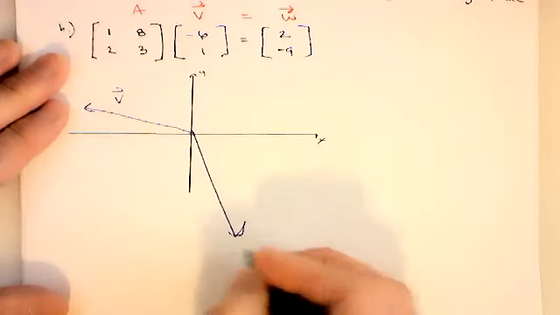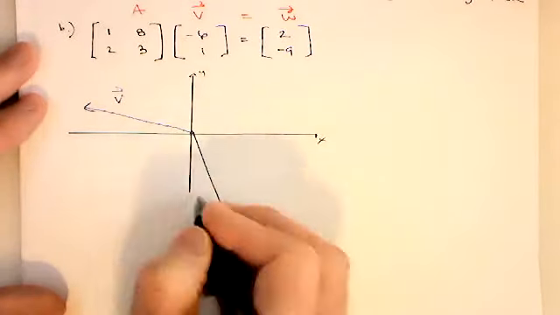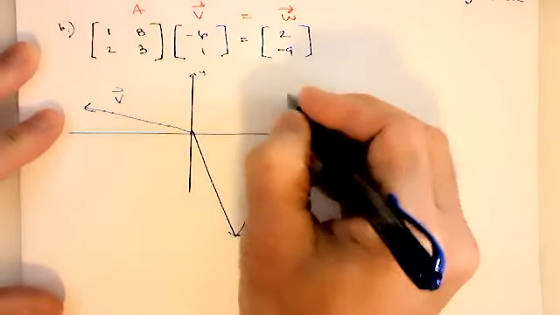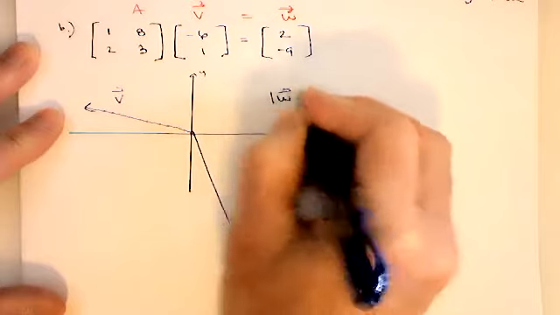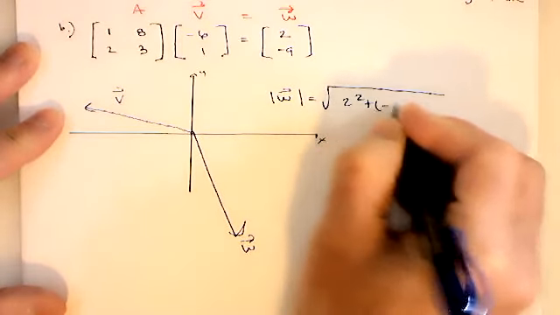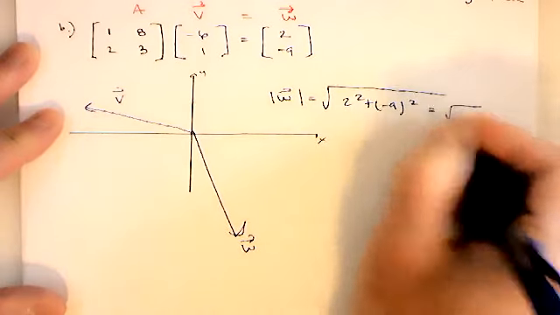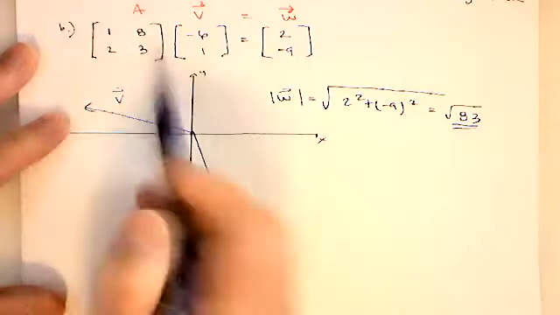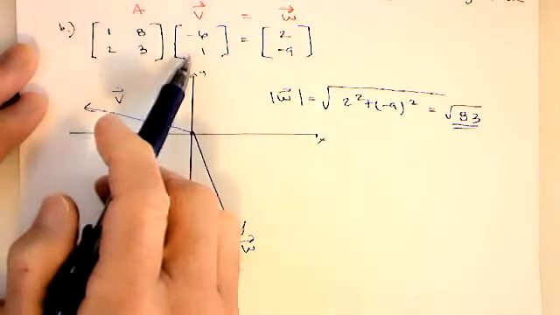So clearly there's been not only a rotation, but you could probably figure this out in your head: what would the magnitude of W be? The square root of 2 squared plus negative 9 squared, which is the square root of 4 plus 81, the square root of 85, right? That's different than vector V.